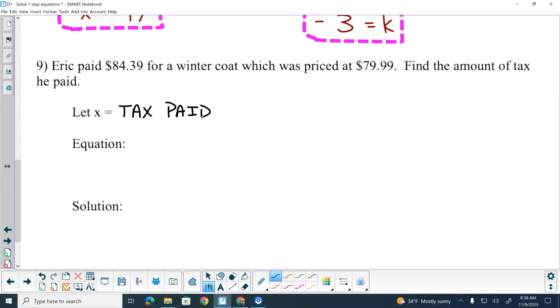So what was the original amount? $79.99. Then I have to pay tax, right? What am I going to represent my tax as? X. And all told, I handed the cashier how much money? $84.39.